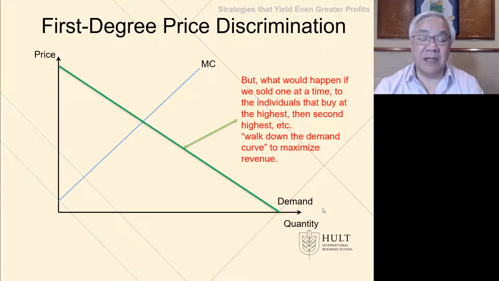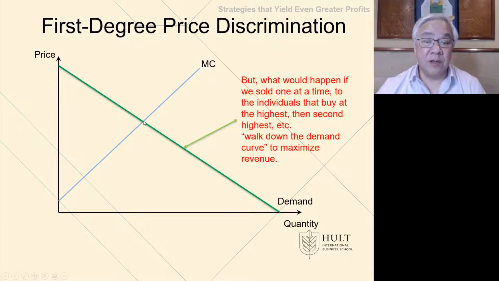And that equates to the orange box that we see. But what would happen if we could somehow not sell at one price, but walk down the demand curve, selling one at a time to each person to get the maximum price? So it's not one price here where everyone gets that price. We're selling to each person along this curve until such time as we've sold to everyone who's willing to pay equal to or above marginal cost.